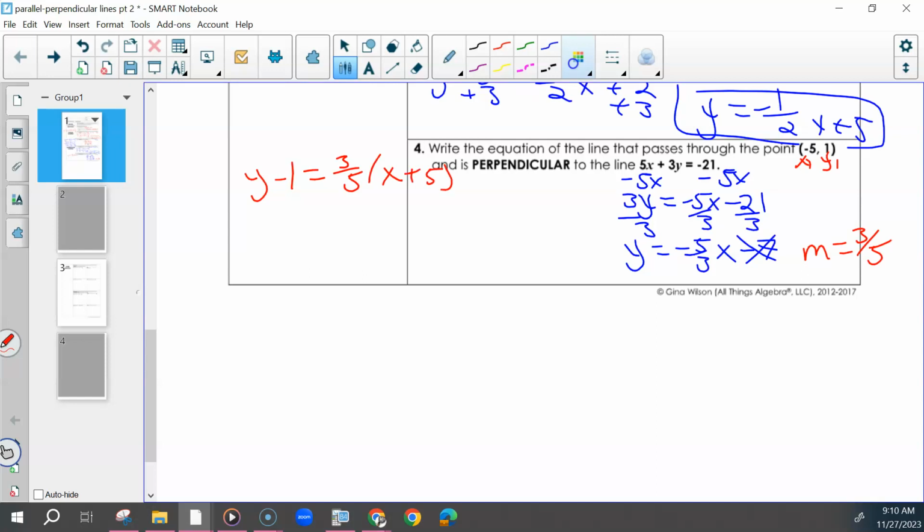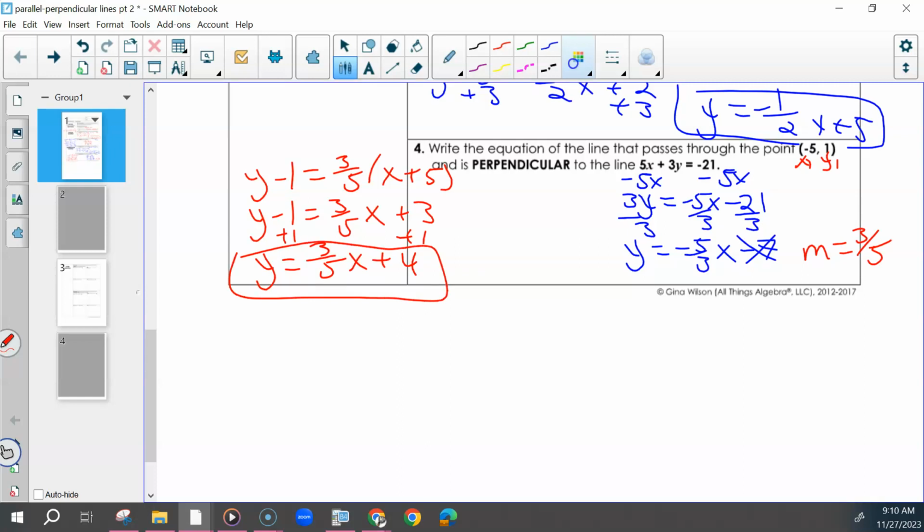Distribute. What was the final equation that we found? Do we have any questions about how we just found that answer?